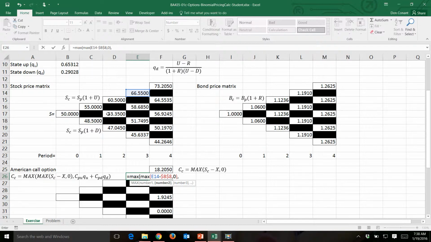We have the first value. The second value, we'll calculate the call option. Now the call option price is our previous price times the probability of the upstate. We'll make that absolute.